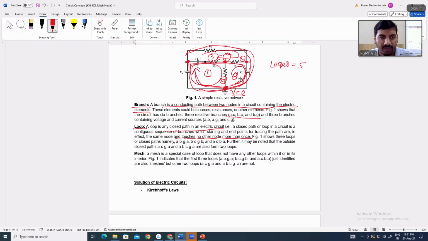ओके, मेश क्या है? मेश इज ए स्पेशल केस ऑफ लूप.